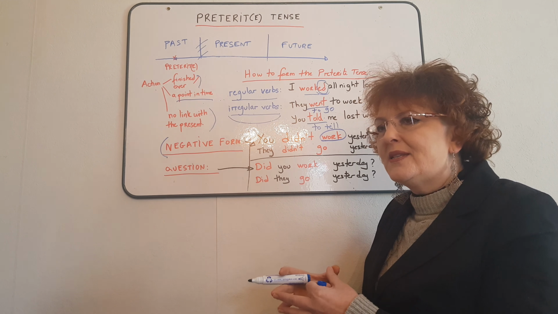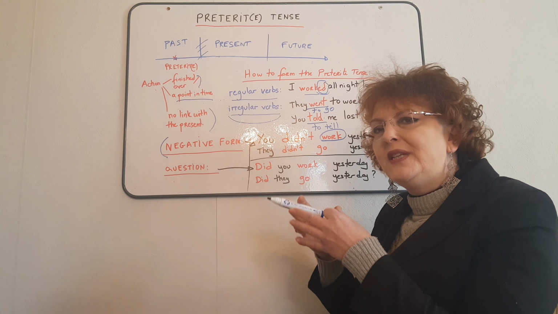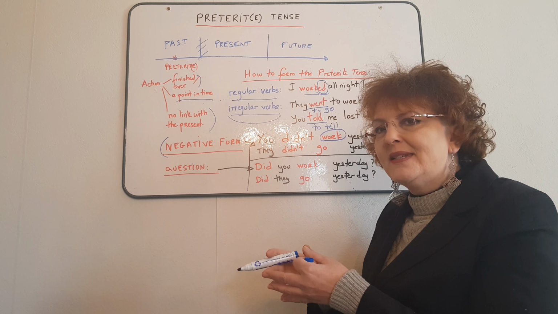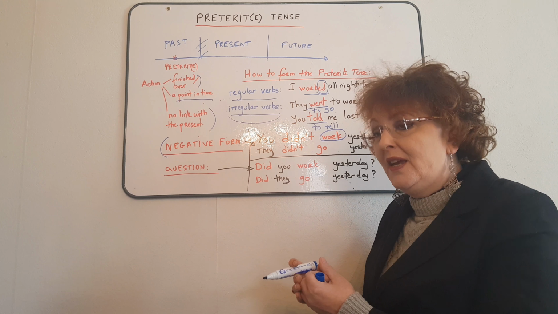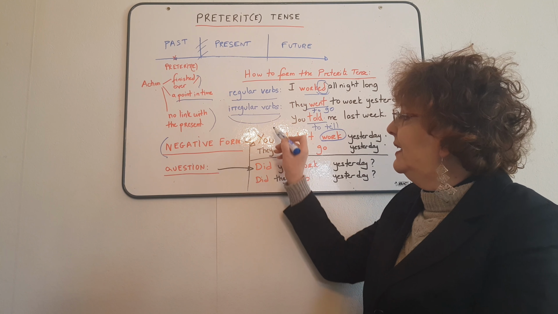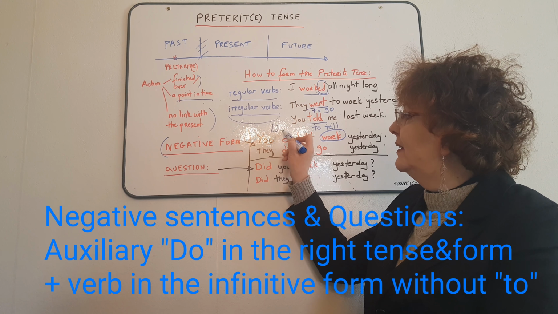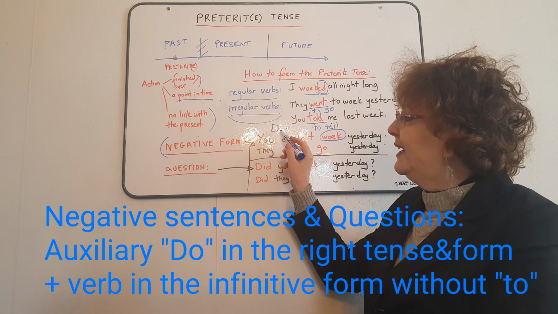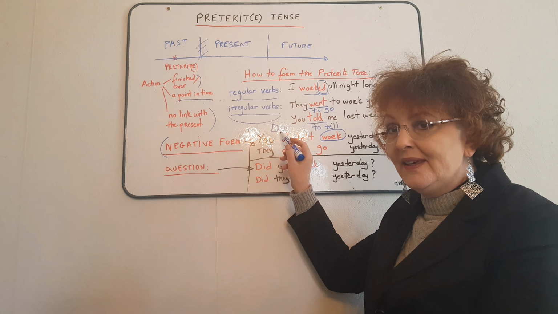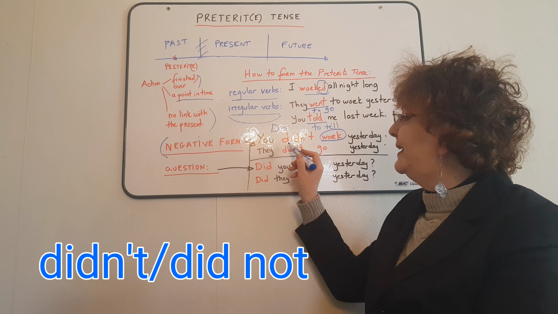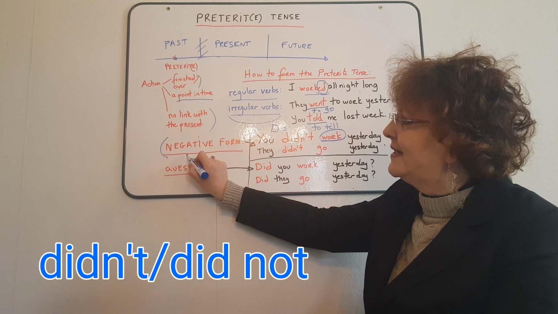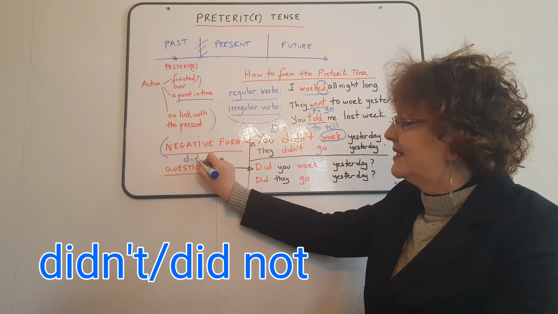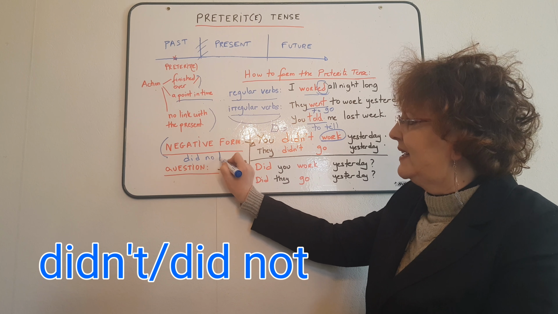This auxiliary is going to be used for the negative form and also for questions. My auxiliary will be do in the right tense and form. Do in the preterite is did, and in the negative form it will be didn't or did not. Did not, if I don't contract it.